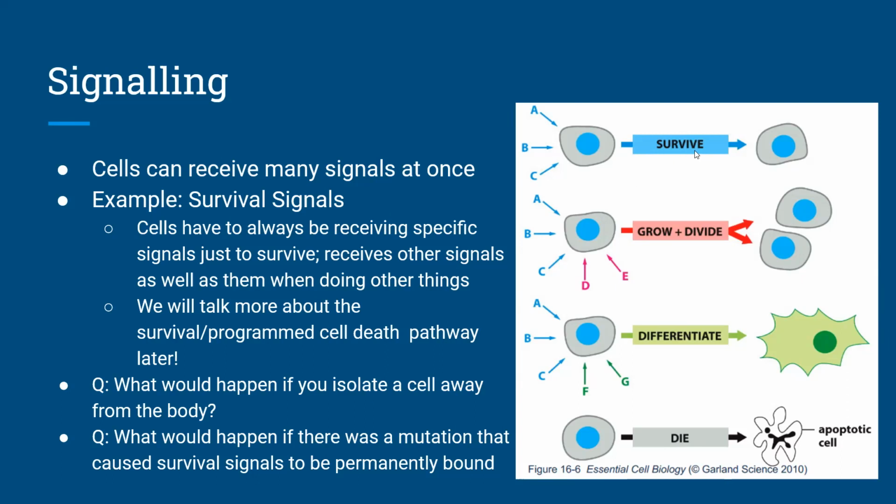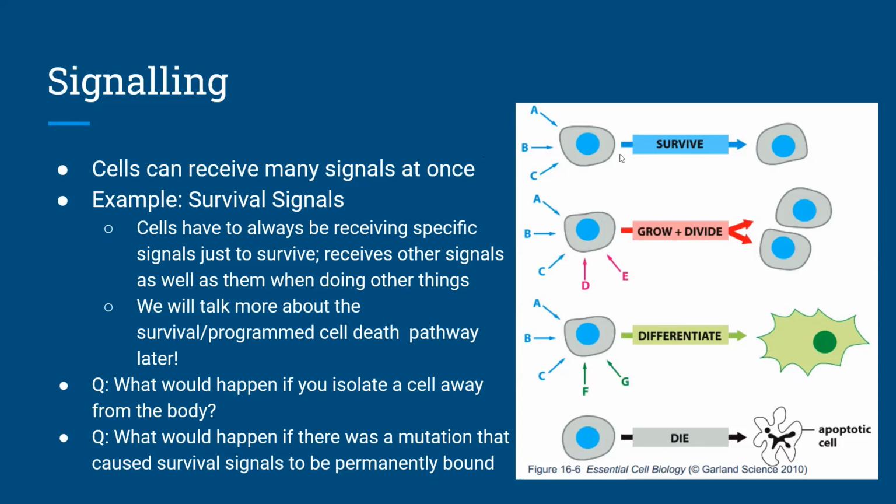For example, the survival signal pathway, which we'll talk about later in the week. A cell is always receiving survival signals in order to live. When you see a cell receiving a signal to divide or to differentiate, it's usually also receiving a signal to survive, because for that signal, its automatic pathway is to die.